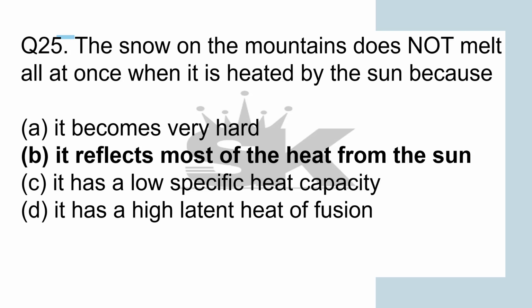And when snow does melt, it is not because of the sunlight. Snow does not melt on a spring day because of the sun. It melts because of the warm air from the sea, not by the sun.